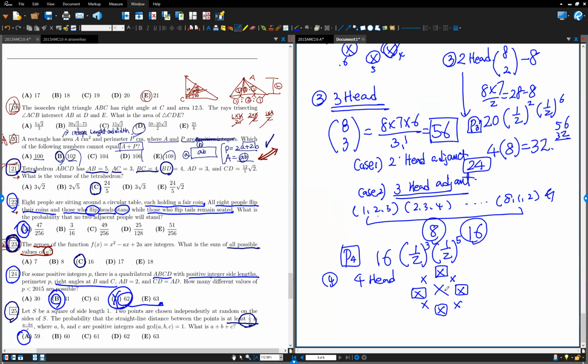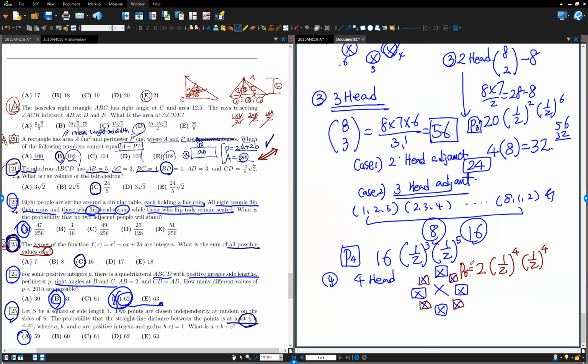Only 2 cases working. I'm going to use a different color. This one, this one, this one, this one. Only 2 cases, so 2 times. Heads are 4, the other 4 are tails. That's it. That is the last one.